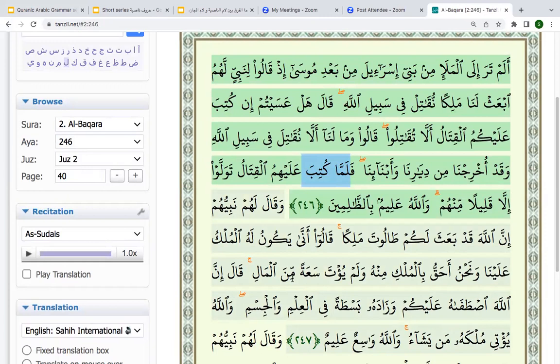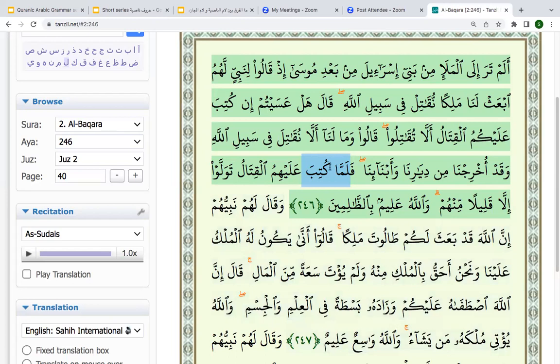Lamma is followed by kutiba. What do you think? It's zarfiya shartiya ismiya, right? I hope all three parts are clear that this is zarfiya shartiya ismiya.